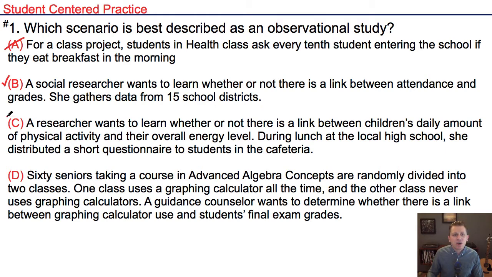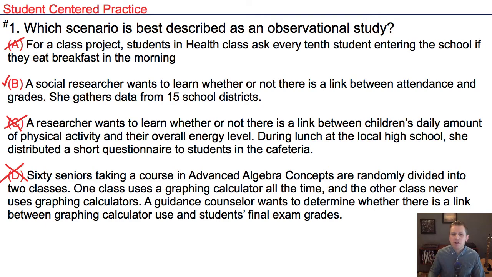Choice C is also a sample survey like we learned about in the last video. Here, there's a researcher that's distributing a questionnaire. Because of that link between interacting with the participants, this is a survey. And if we look at choice D, that's what we're going to learn about right now. That's an experiment where we're trying to determine some type of correlation between two items.